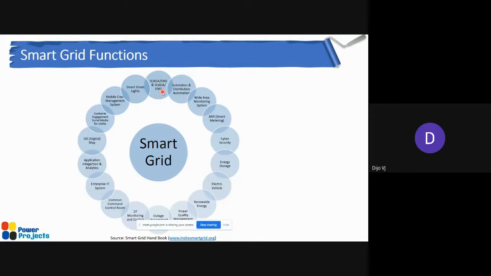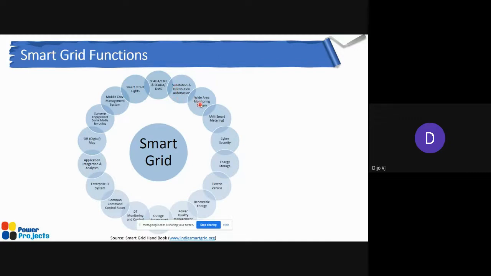You can utilize the system in a much better fashion, like maybe SCADA, EMS. EMS refers to the energy management system in transmission and generation. DMS is again the energy management system in the distribution system. There are different parts, substation automation, mainly in the distribution.